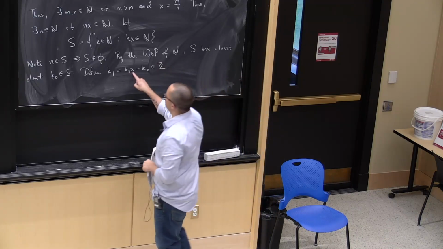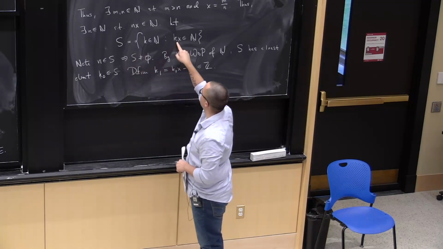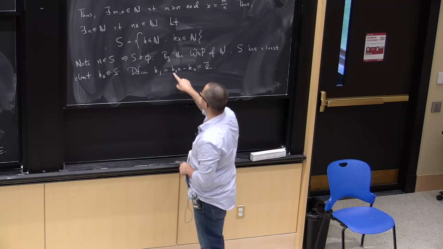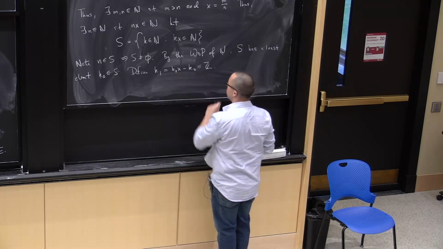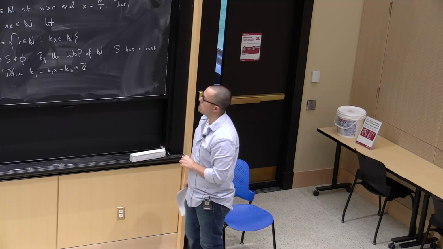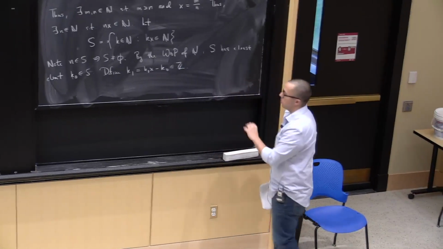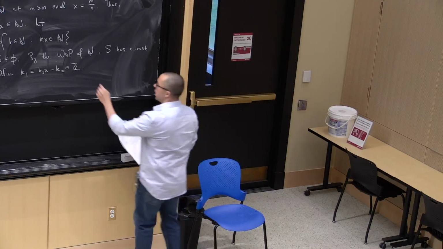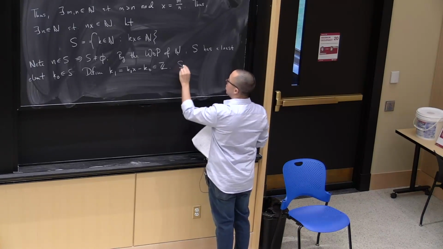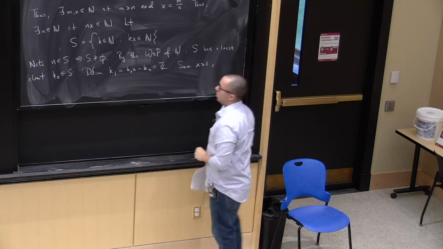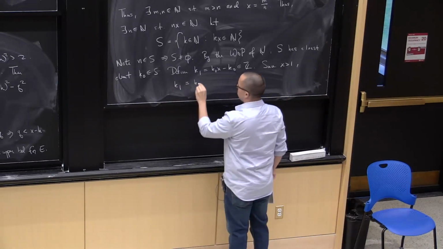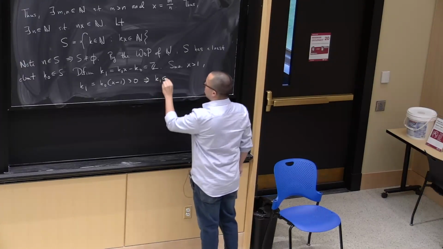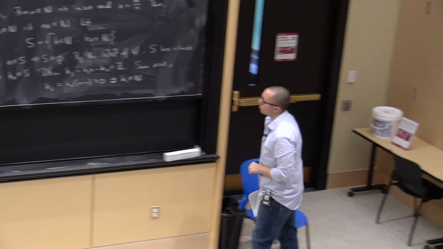Because K0 is in the set S, meaning K0 times x is a natural number, and K0 is a natural number, so the difference of two integers is again an integer. But in fact, it's a natural number.